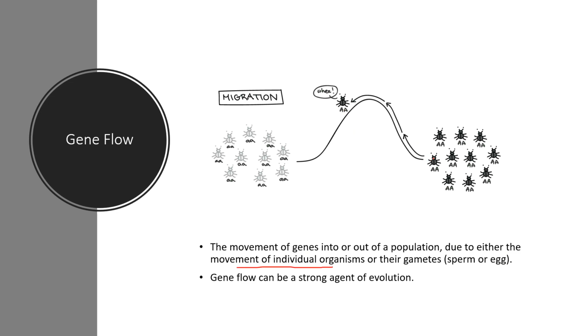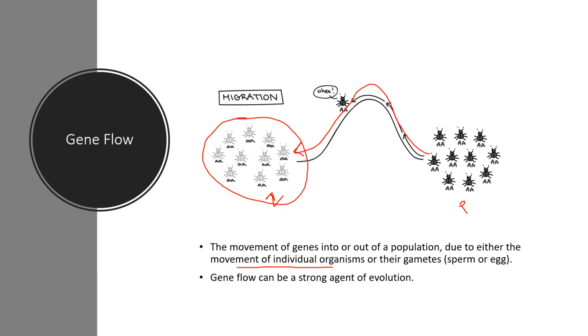Here's an example: a little beetle goes over this hill that was a barrier between these two populations, and now this one little dude is part of this population that was purely Q, while this one was purely P frequencies. And so now this one is no longer pure in being homozygous recessive.